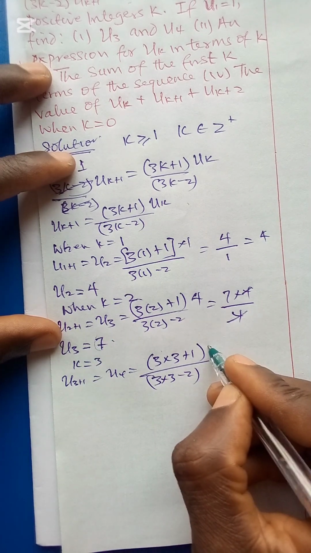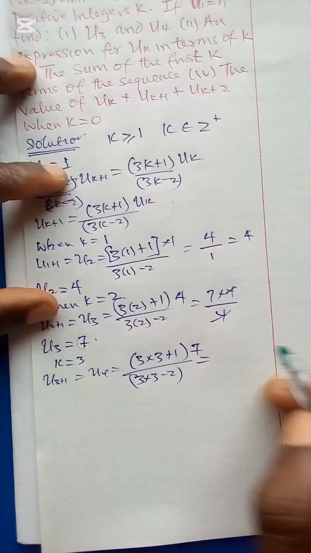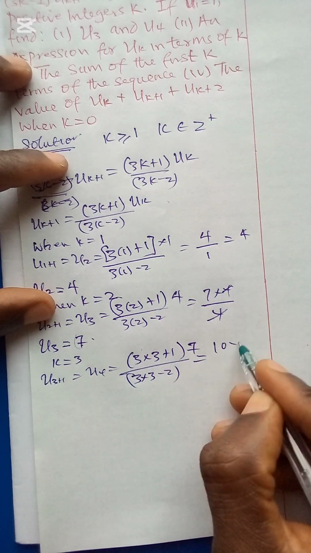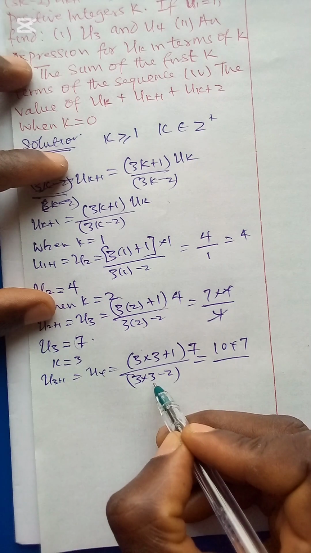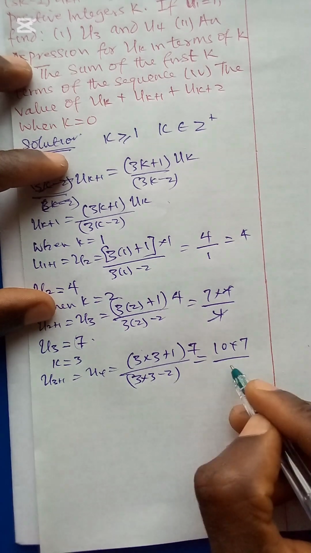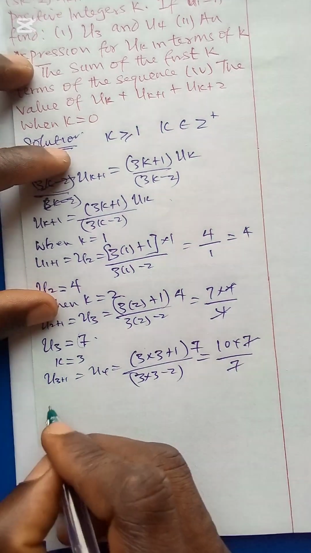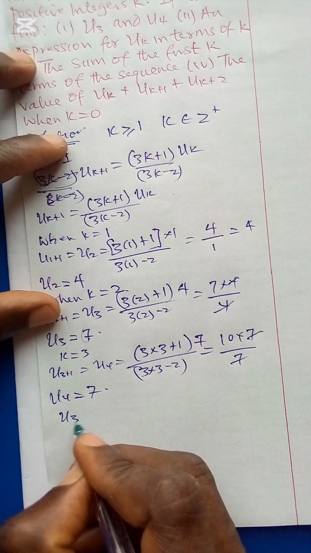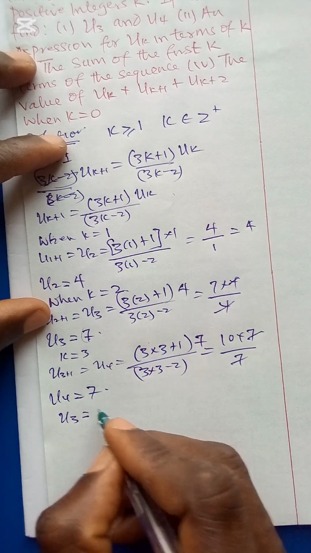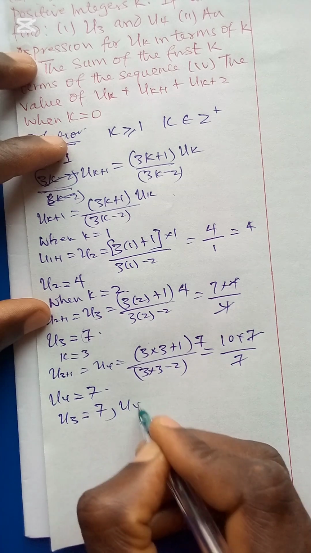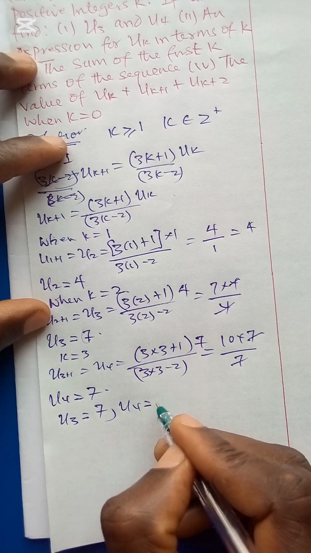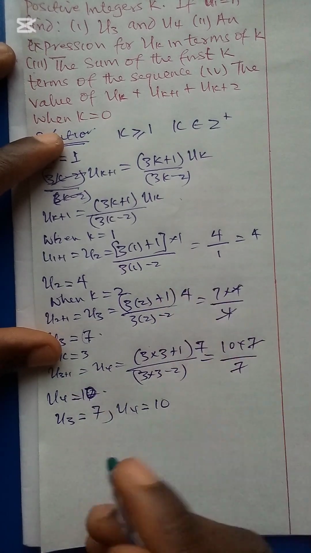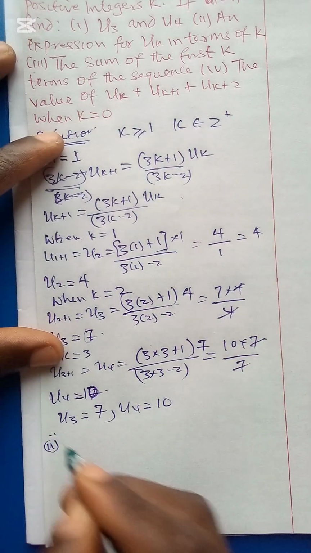I'm going to put this 7 here, equals 3 times 3 is 9, plus 1 is 10. 10 times 7 over 3 times 3 is 9, minus 2 is 7. So u4 is equal to 10. Our u3, as we are asked to find, is 7, and our u4 is 10.